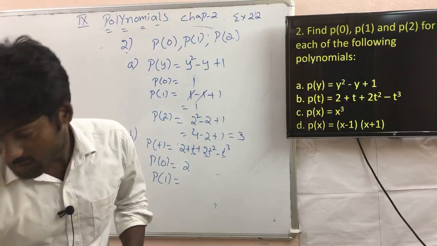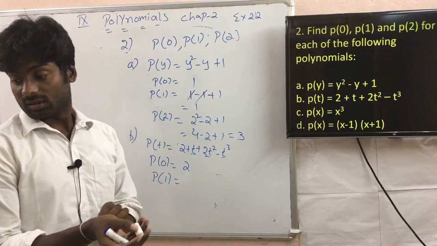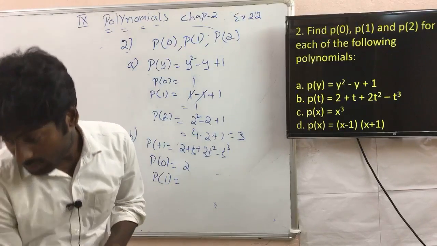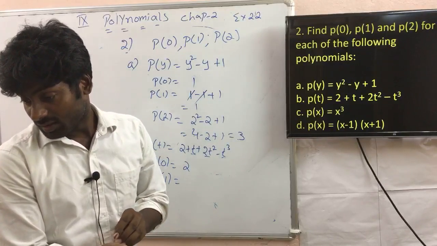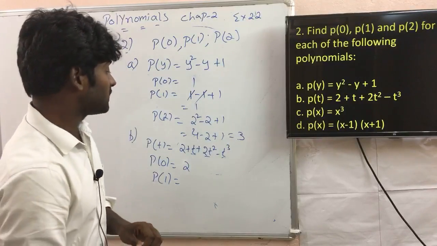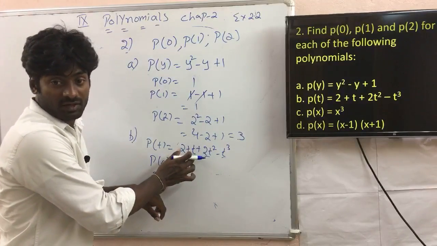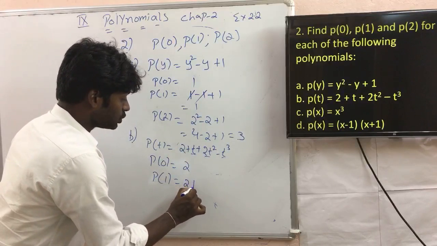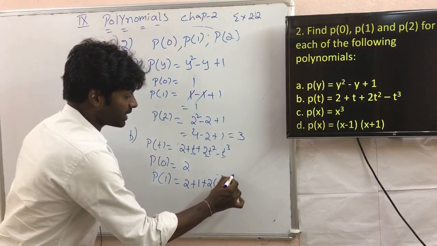Already Shivam has given the answer. It is correct, 4. No, it is not 3. Check once carefully. See, if you substitute 1 in the place of t: 2 plus 1 plus 2 into 1 whole square minus 1 cube.